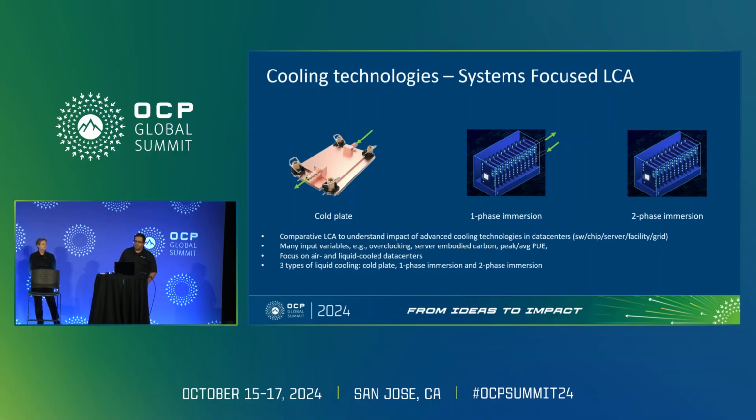That warm facility cooling loop will be supporting the different liquid cooling technologies such as cold plates, single-phase immersion, as well as two-phase immersion. A couple of disclaimers here. For any of these three techs, there is room for optimization and improvement, but that is not something we're going to visit in this study.